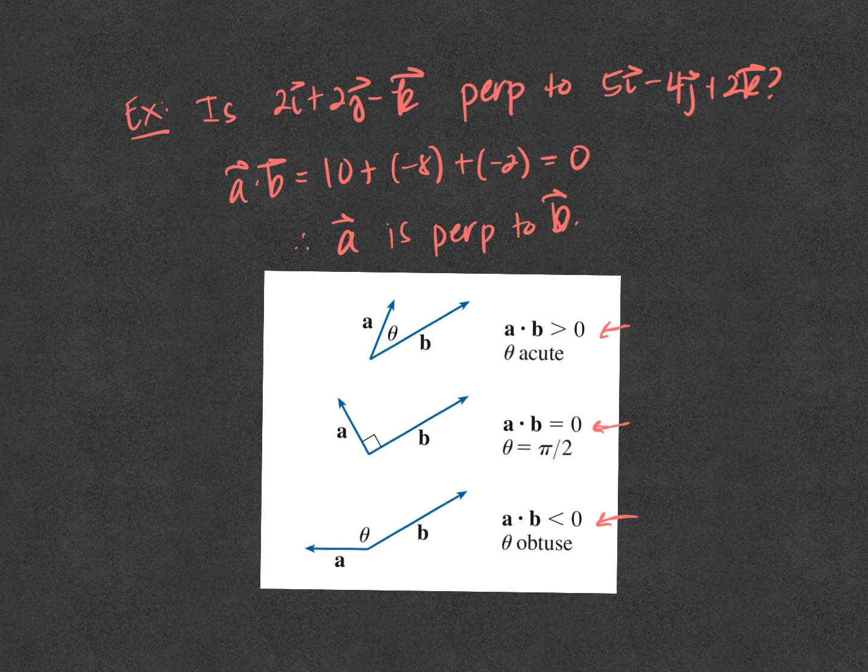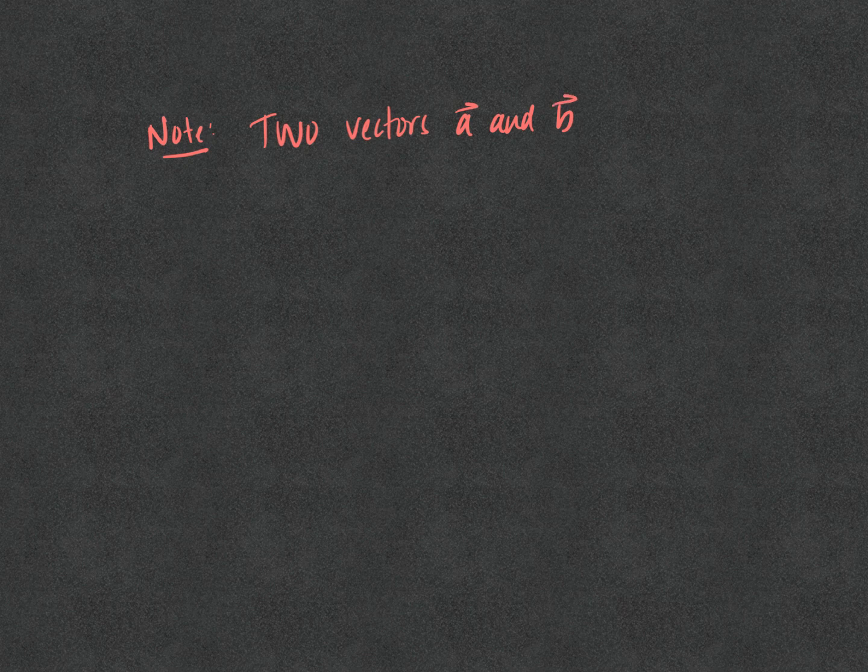So let's talk about parallel for a minute. Let's make a note, and let's make it similar to the perpendicular note. The textbook doesn't really do it anywhere, but we will. Two vectors, A and B, are parallel if they're scalar multiples of one another.